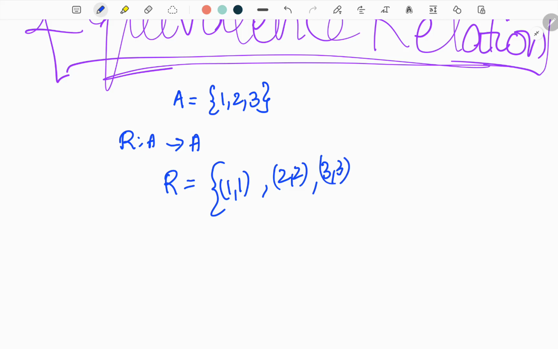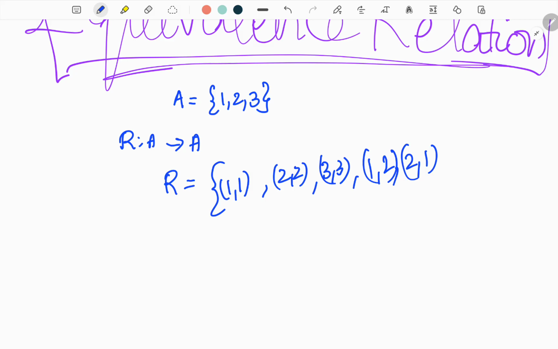So first I have satisfied the reflexive condition. Next I am going to create an ordered pair 1, 2 and 2, 1. So now 1, 2 and 2, 1, yes, the symmetricity is also satisfied. And you know all the reflexive elements will satisfy the symmetric condition.